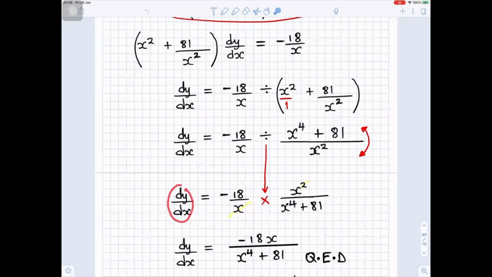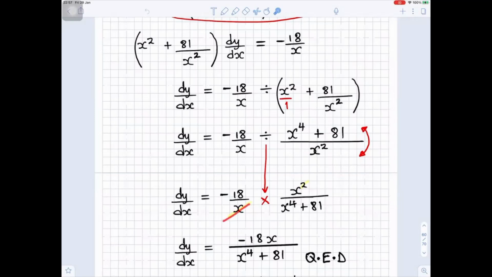dy over dx now is equal to minus 18 over x. We change the divide into a times, and then we flip the fraction. The bottom goes to the top and the top comes to the bottom. So it becomes x squared at the top over x to the 4 plus 81.